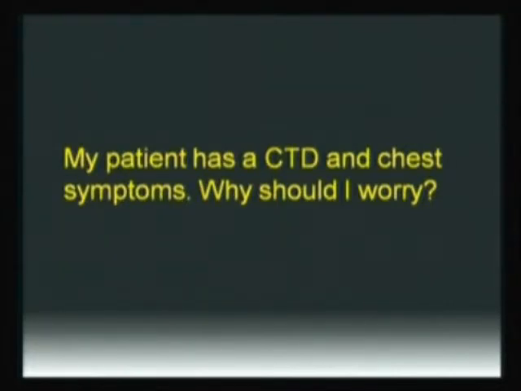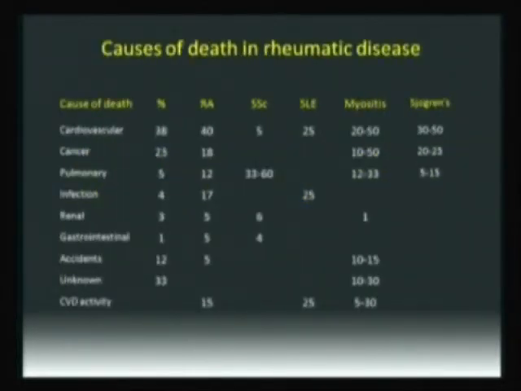Well, the patient is on treatment, the patient has a diagnosis of connective tissue disease. Why should I worry about that? This is why I should worry about that. This is a cause of death in rheumatic disorders: rheumatoid arthritis, scleroderma, lupus, myositis, Sjögren. If you go to the pulmonary literature, you see that up to 60% of patients with scleroderma will die because of the lung disorder.